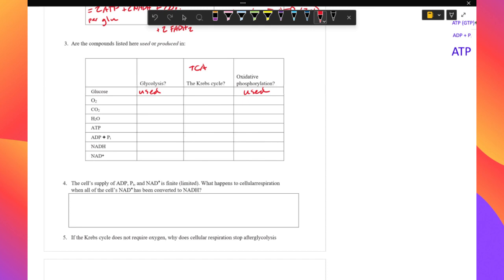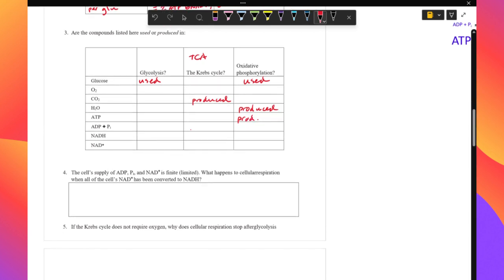Sure. Let's see. CO2 is produced in the Krebs cycle. Let's see, where else? Looking for the easy ones first. So H2O is one of our byproducts of oxidative phosphorylation, so that's a product produced. ATP, of course, is produced in all of these steps, but especially in oxidative phosphorylation.